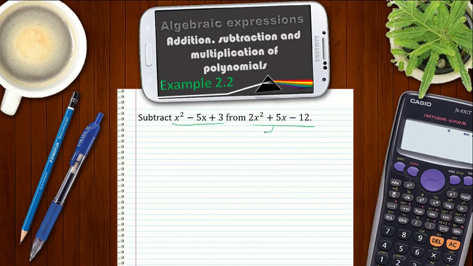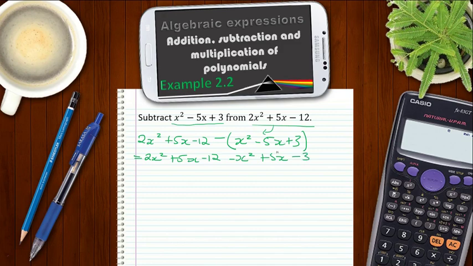So I take 2x squared plus 5x minus 12, and I subtract from it x squared minus 5x plus 3. So now we just simply multiply in the minus and we add our like terms. So this is 2x squared plus 5x minus 12 minus x squared plus 5x minus 3.